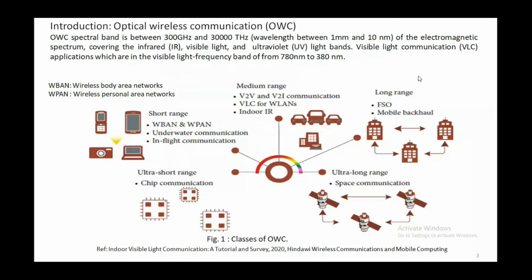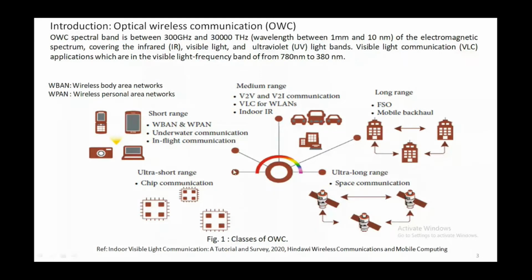So visible light communication applications, which are in the visible light frequency band, range from 780 nanometers to 380 nanometers. So these are the different classes of optical wireless communication.